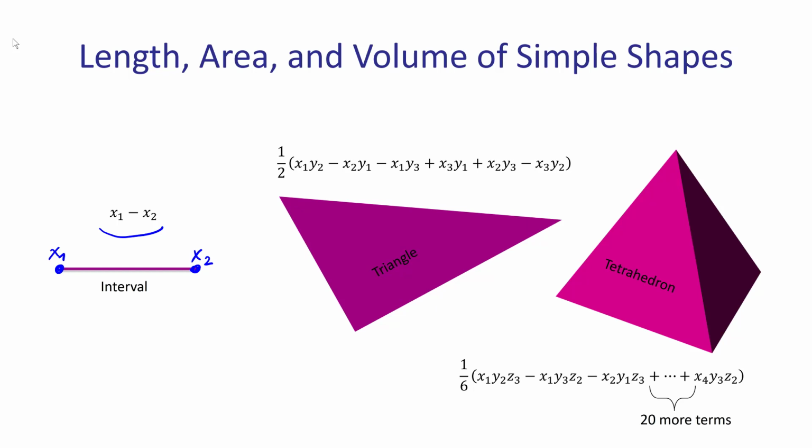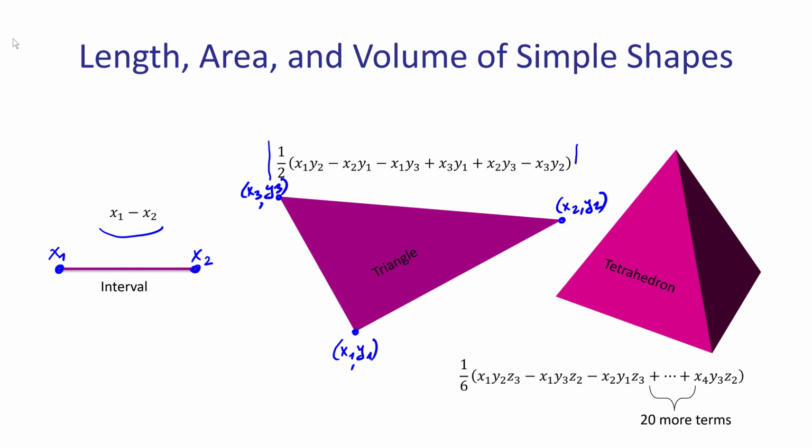Now, let's say you have a triangle with points x1, y1, points x2, y2, and the third one is x3, y3. To compute the area of the triangle, given those 3 points' coordinates, you need to compute something like that.